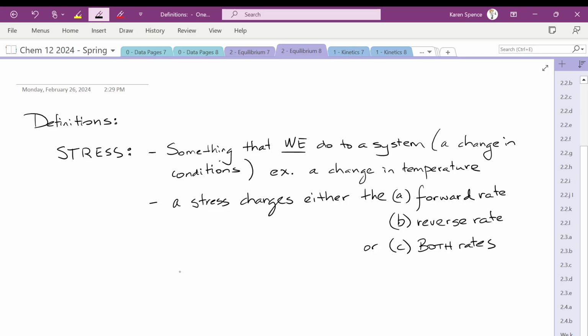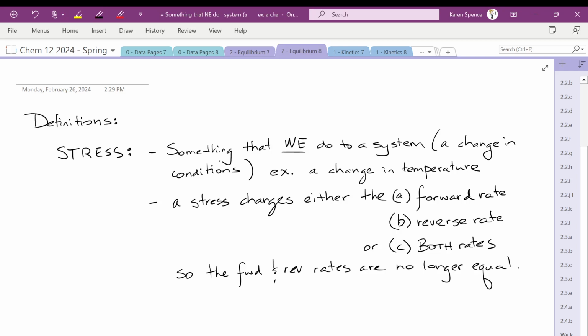And the last part of that one is that the two rates are no longer equal. So the forward and reverse rates are no longer equal. That is a stress.